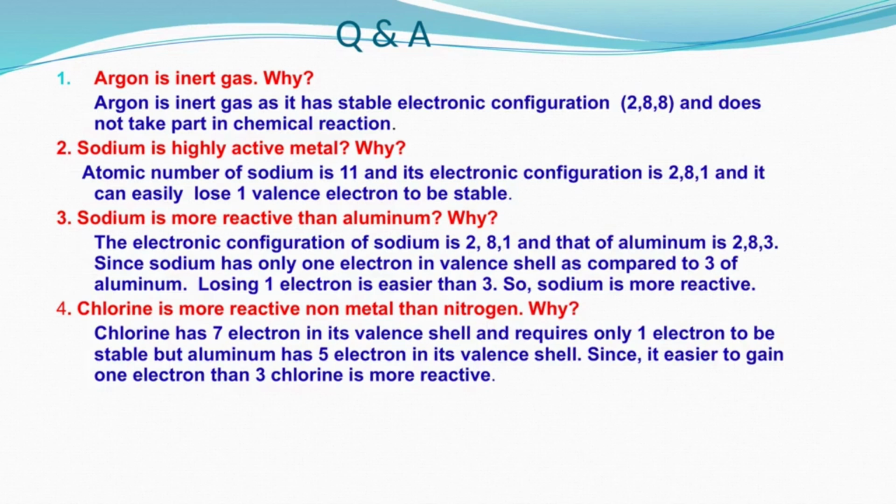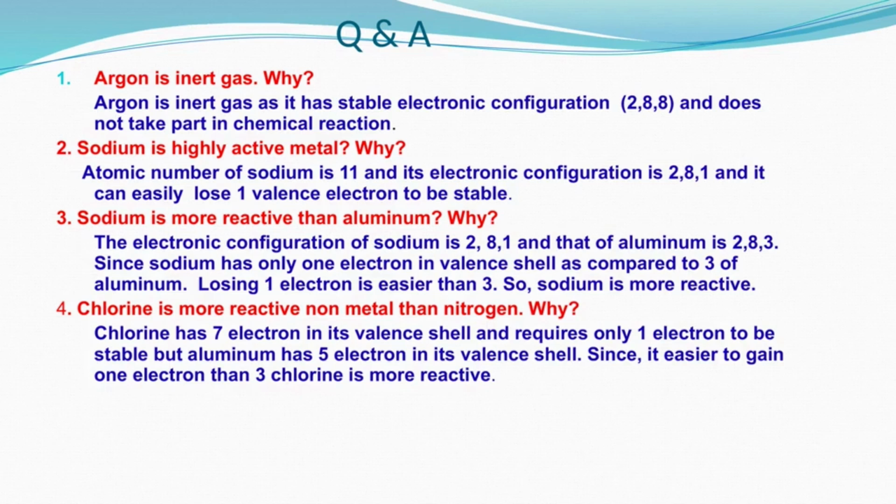That is why its valency is 1, and losing 1 electron is easy. That is why, among other metals, it is active.